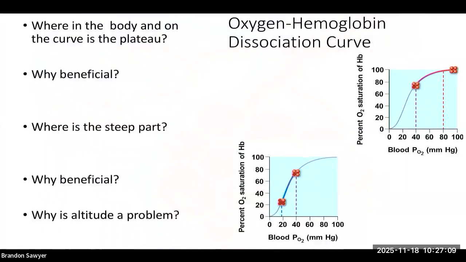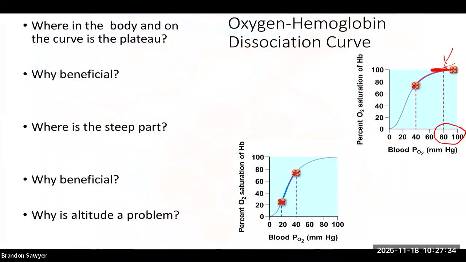So when we look at this curve, we've got different aspects to it that can be really helpful for us, okay? If you look at the numbers on the top part, where in the body and on the curve is the plateau? We have this flat part of the curve here. It's pretty flat. That's the plateau part. Okay.